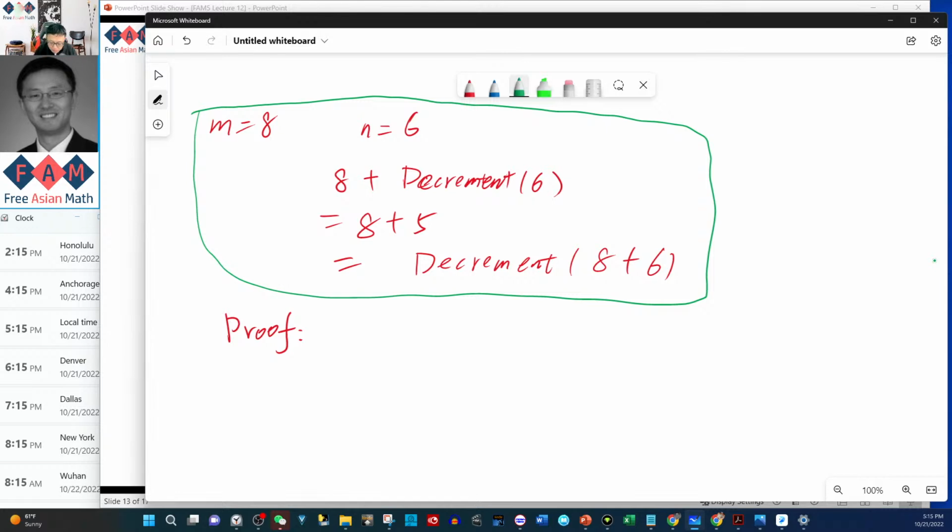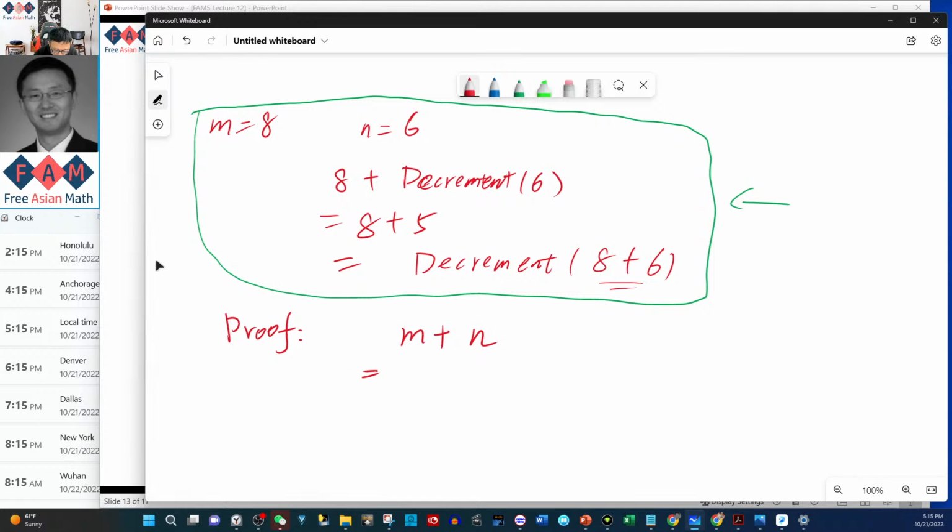So how do we write a proof? Well, based on this observation, we have an idea how the proof should be carried out. So we first write this because it involves m plus decrement of n. So instead of that, we do m plus n. Because now what? n is one more than its own decrement, right?